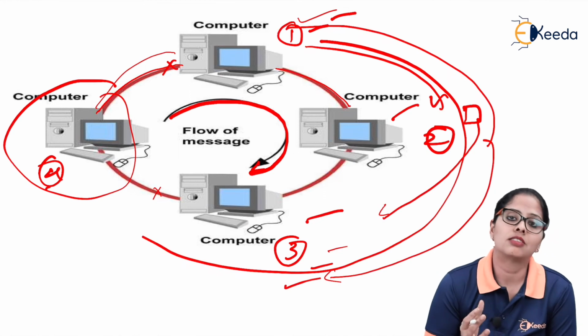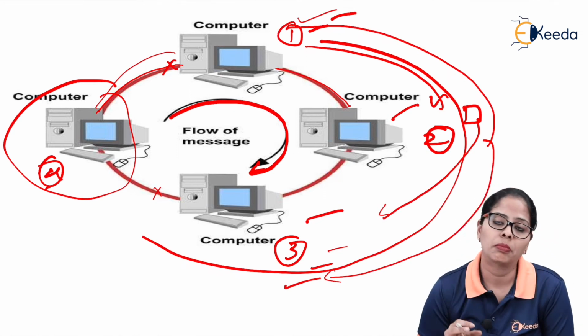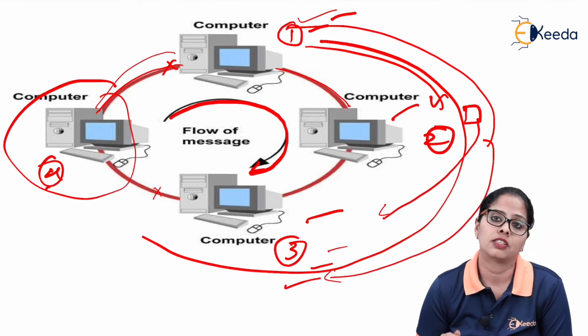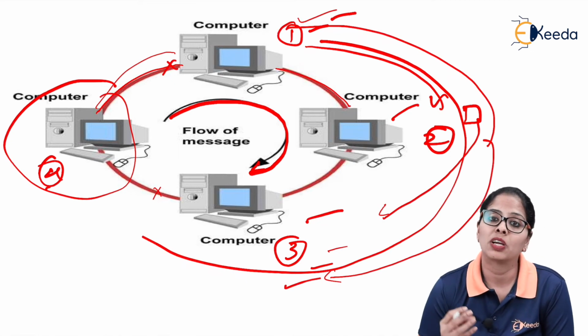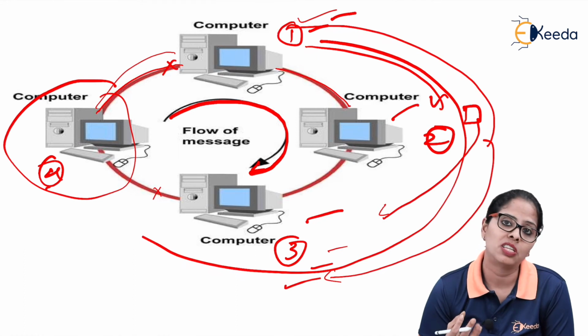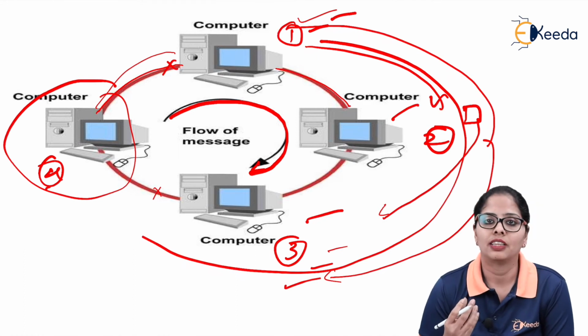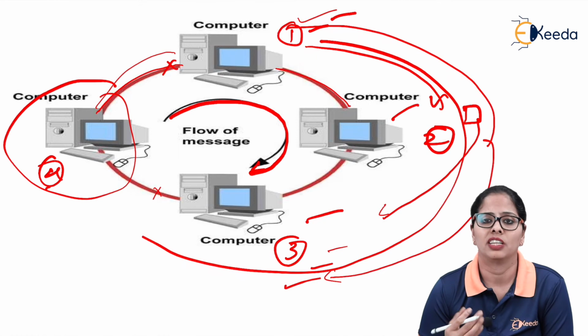Here we consider only 4 devices. For example, if there are 100 devices, then the packet must be passed through all the devices. Because of that, there will be packet transmission delay. In this case, you will get a larger amount of delay.